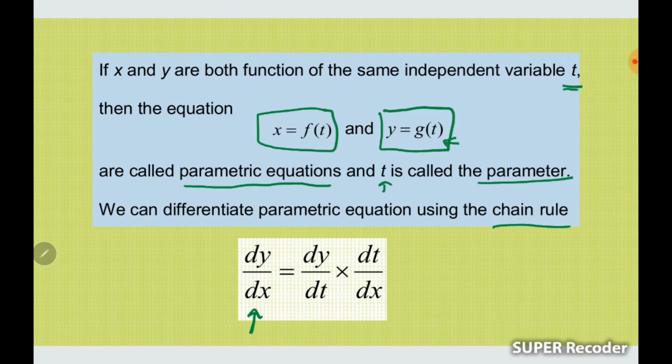You need to differentiate x with respect to t, and y you have to differentiate with respect to t also. So the equation for dy/dx is given as dy/dt multiplied with dt/dx.